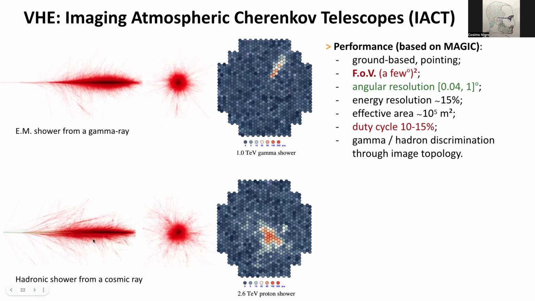Hadronic showers have large transverse momentum due to hadronic interactions. This means that they have a very scattered and large imprint, and the same will be true for their Cherenkov light. So typically it's possible to disentangle between the two images, because the one produced by gamma rays will be, as you can see from the top image, very compact in your camera.